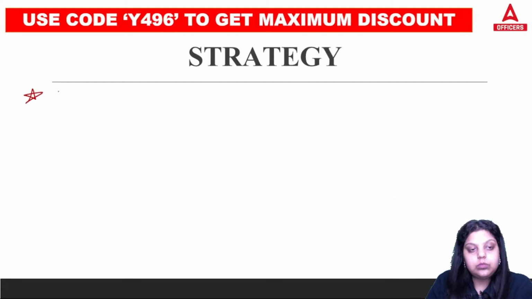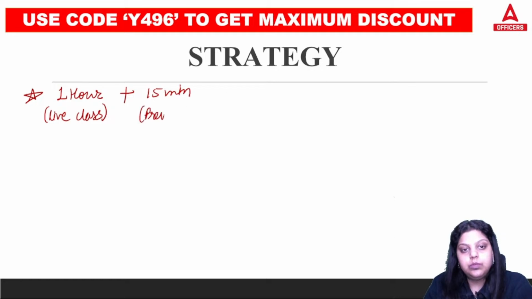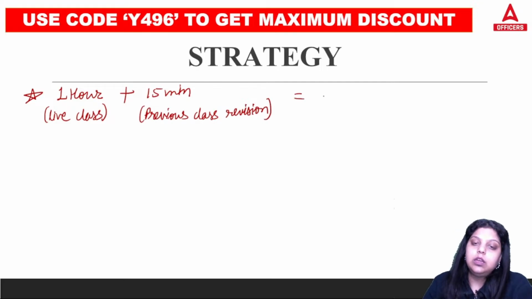Every day, you have to give 1 hour to your live class, plus 15 minutes revision of the previous class. This time you have to give in your study plan to each subject.